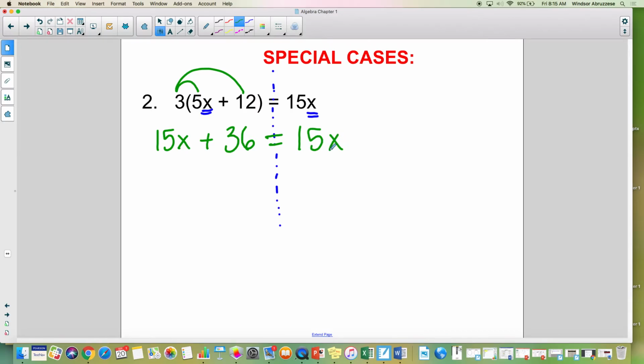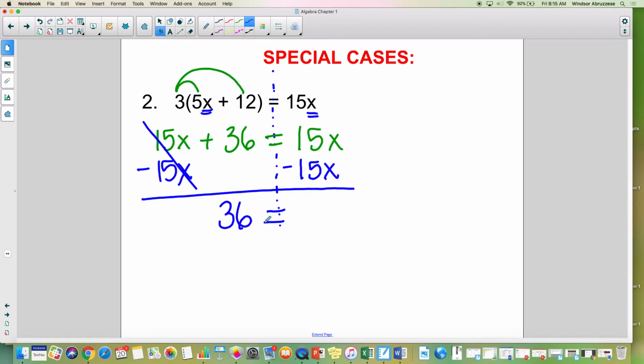Do you notice anything? Now I'm going to keep doing what I'm supposed to do, and I'm going to get the variables all to one side. So I'm going to take these 15x's out and also do it on the other side. And I'm left with 36 equals, well, 15x minus 15x is 0. My x terms have been eliminated.